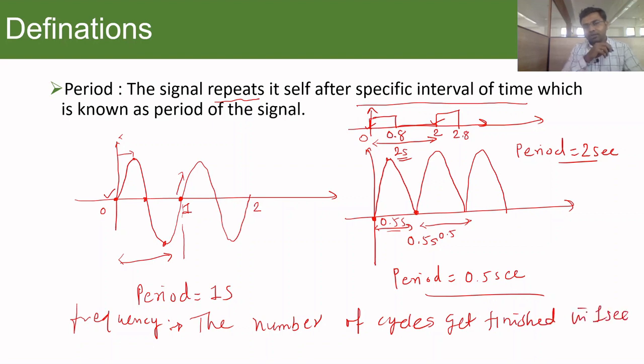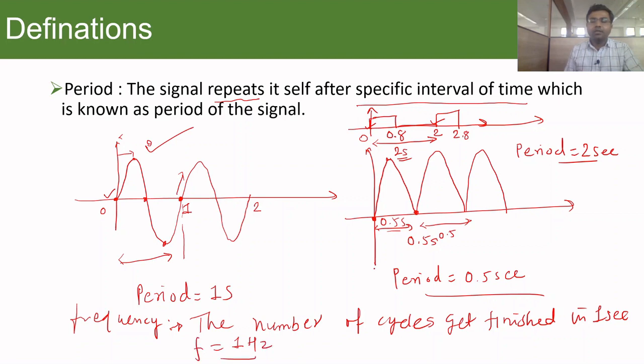So I'm looking for the duration of 1 second. Let's say for this particular example, my one cycle gets repeated in 1 second. So my frequency would be 1, and the unit of frequency is hertz.